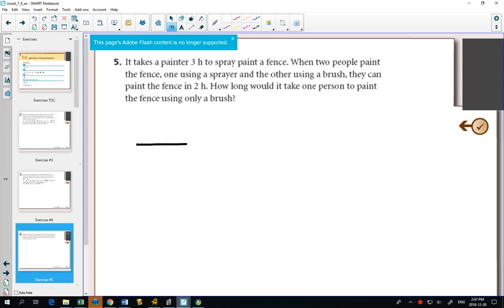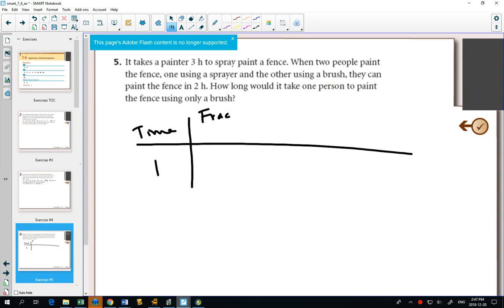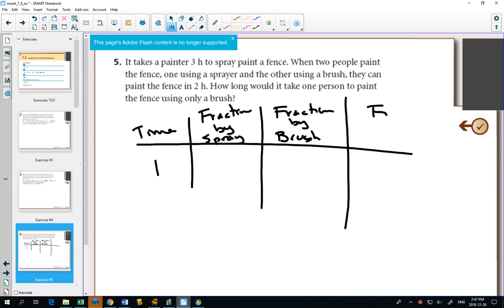So we set up our chart for 1 unit of time. Time is 1 hour. Fraction by spray, fraction by brush, fraction together.